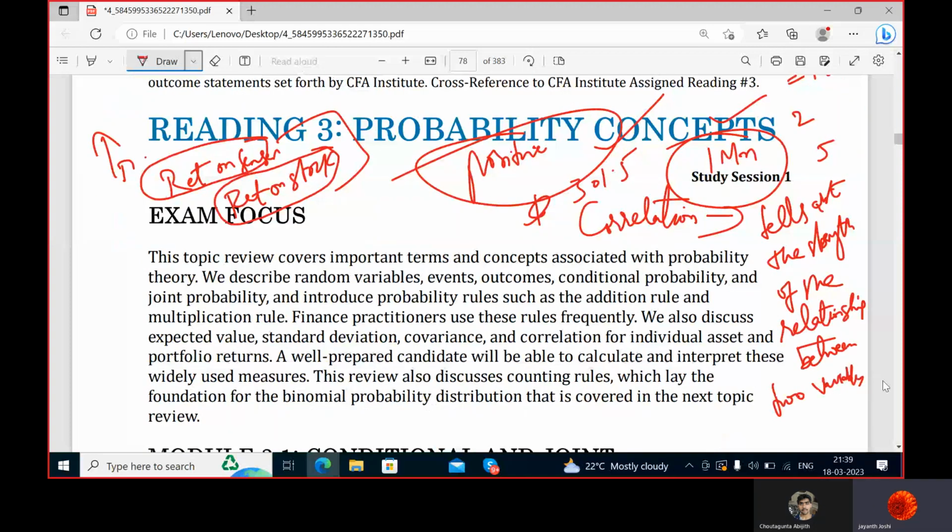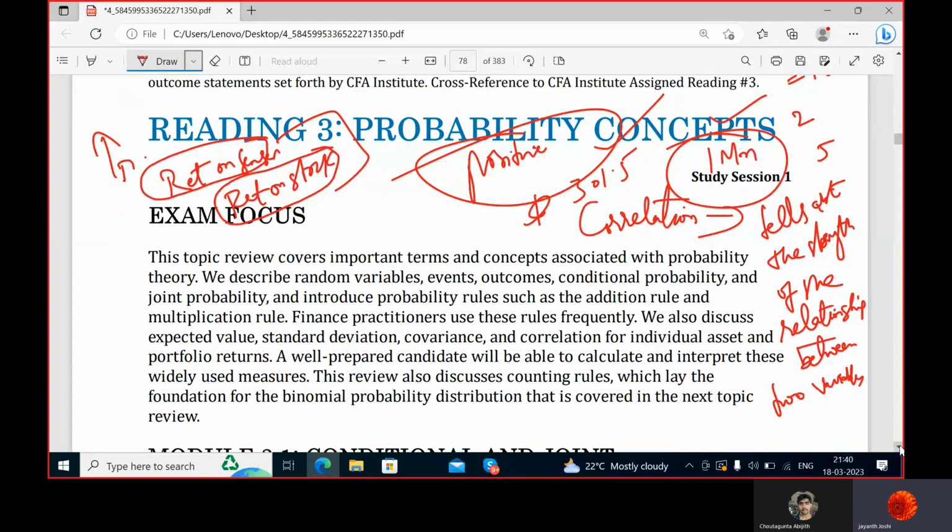Just make a note of this. So even though whatever numbers you get, it doesn't matter. The covariance will just tell the direction of the relationship, but it does not tell the strength of the relationship.